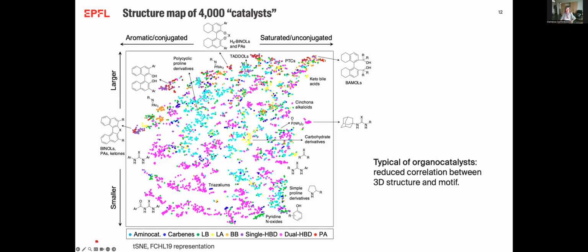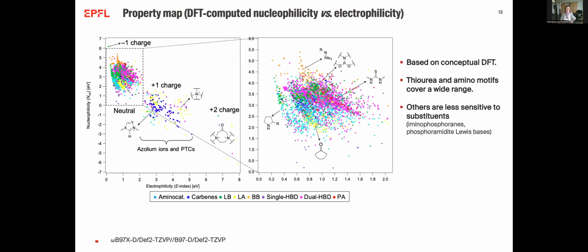And as you see, all the colors are pretty much present everywhere. The x-axis more or less indicates the degree of conjugation of the compounds that we have, and the y-axis more or less the size of the catalyst, and there's no real correlation between 3D structure and motif. This is something that we would not see in transition metal catalysts, which actually have more of this correlation.